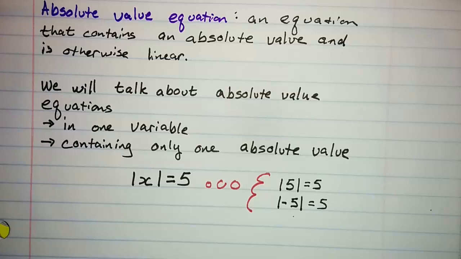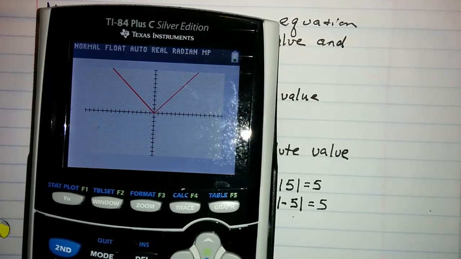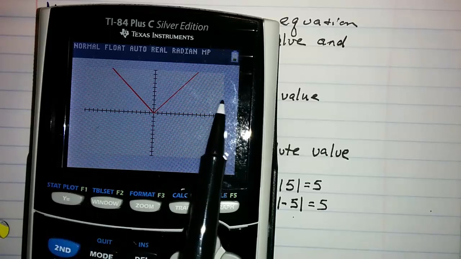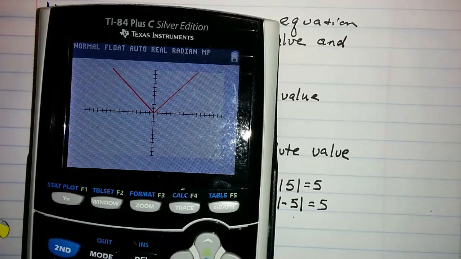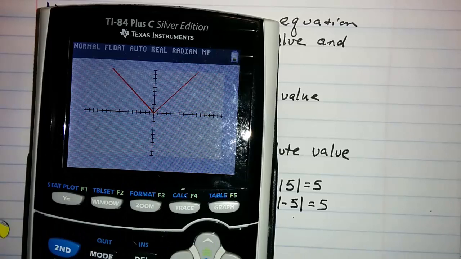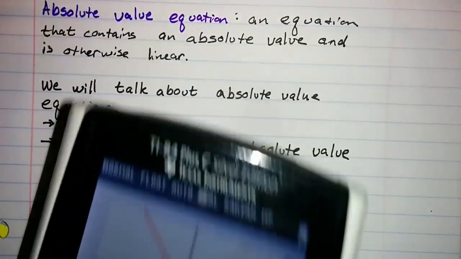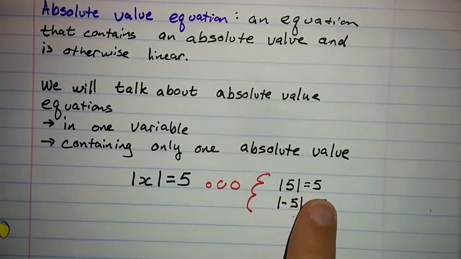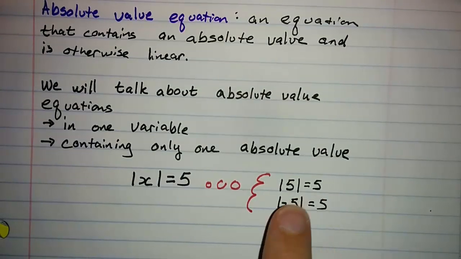One of the places we can see that is by considering the graph of the absolute value function. We see that any horizontal line crosses this graph twice. For any y value, there are at most two x values that give that y value. So in this case, the absolute value of 5 is 5, the absolute value of negative 5 is 5, and that's it.